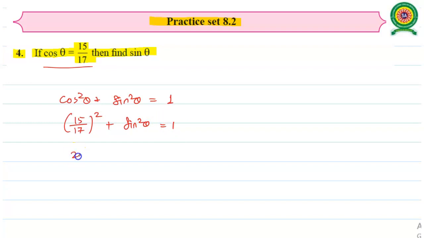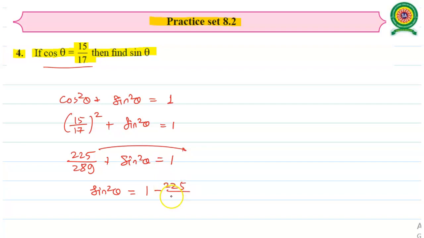Now 15 square is 225 divided by 17 square which is 289, plus sin square theta equals 1. To evaluate sin square theta, we shift 225 divided by 289 from LHS to RHS, and plus becomes minus, so we get 1 minus 225 divided by 289.